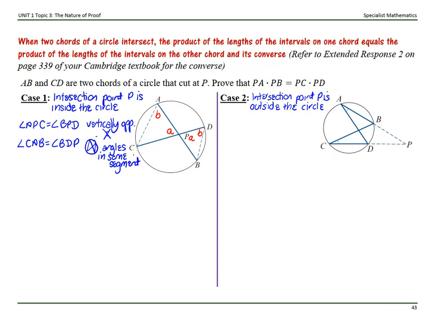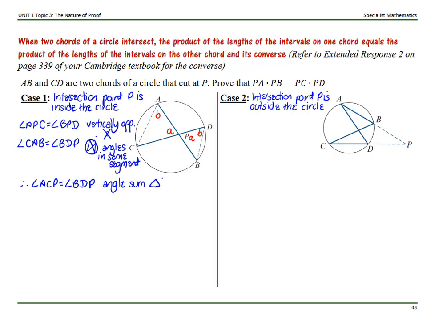It's abbreviated. So what do we know now? Well, we know that the other angles have to be equal. We could have known that anyway because of the angles in the same segment, but anyway, angle ACP equals angle BDP, angle sum of a triangle.